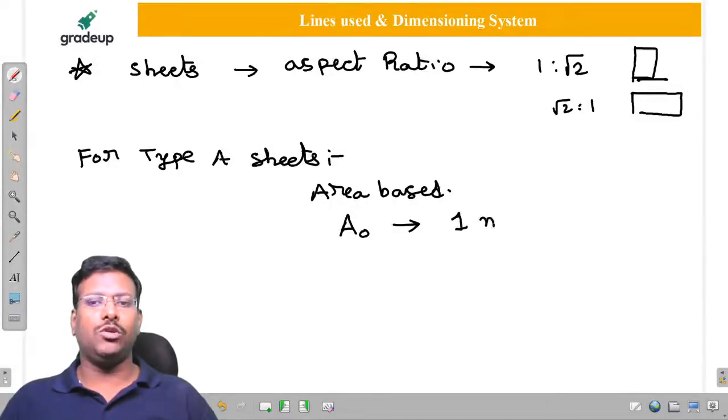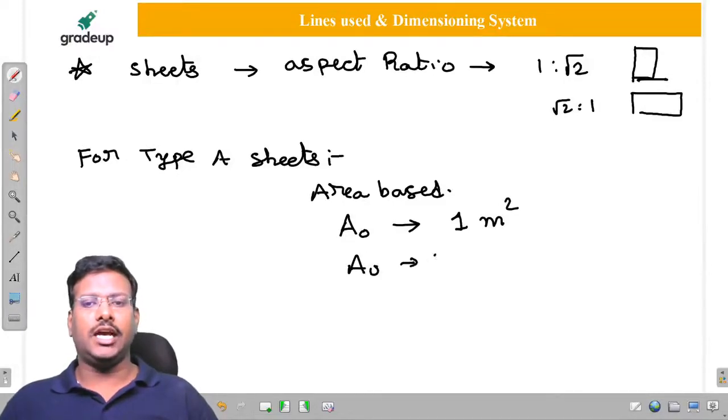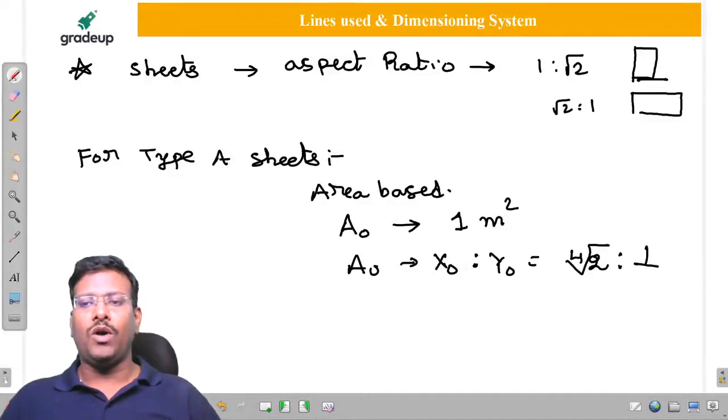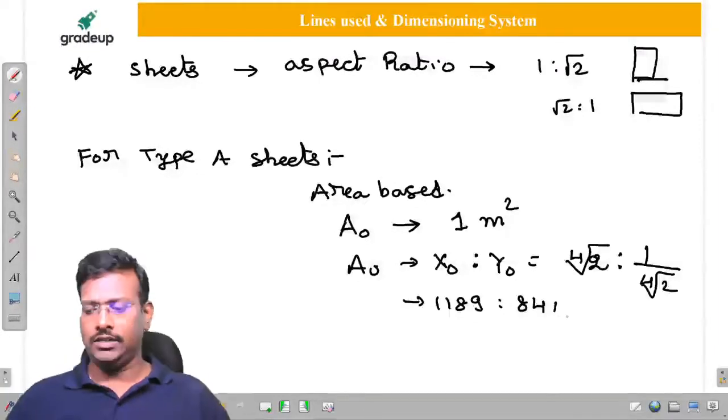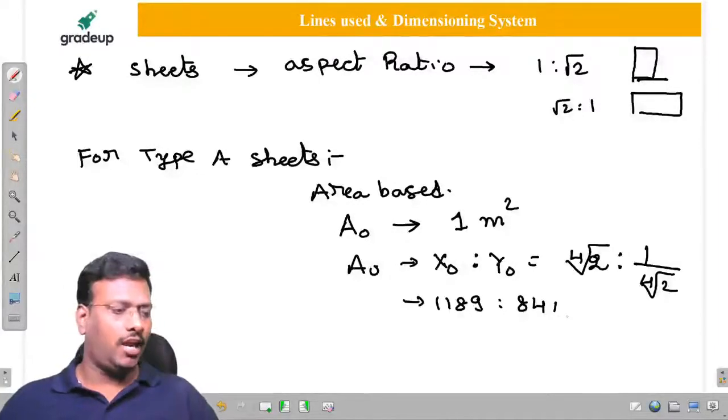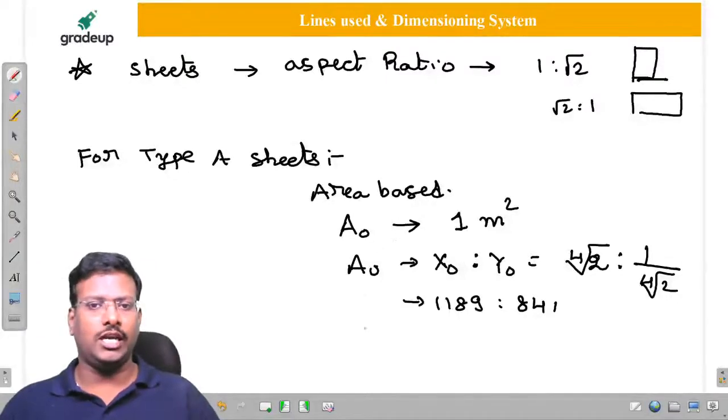Its area is 1 square meter, and its size X0 is to Y0 is equal to the 4th root of 2 is to 1 by the 4th root of 2. Therefore, you get it as 1189 by 841. Is it clear, my dear friends? So 1189 by 841. I hope we have discussed this.